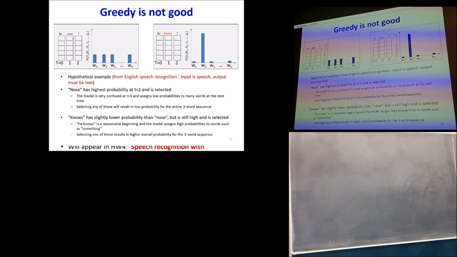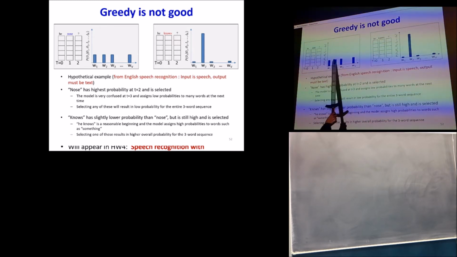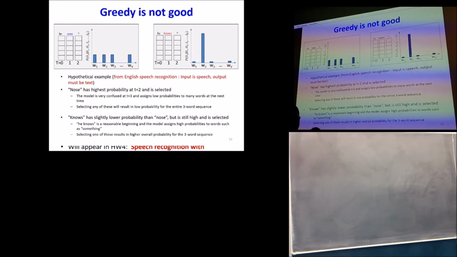So it's very confusing as to what the next word might be, in which case the probability distribution that it computes over the third word is going to be confused, and it's going to be somewhat uniform and low over all possible words.